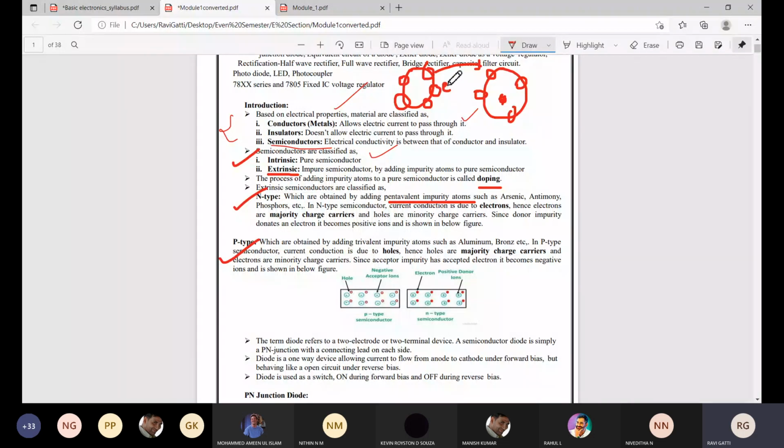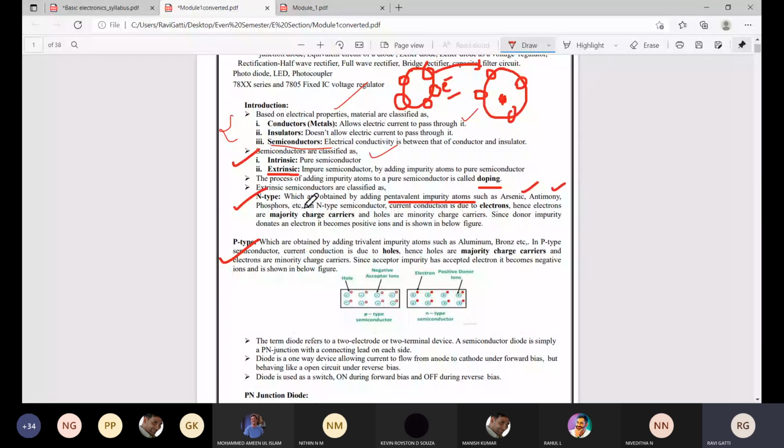This free electron is responsible for the movement of electricity. Such a type of material we call an n-type material. In n-type material, the majority charge carriers will be electrons. What are the pentavalent impurities, you can ask me. From the table, we have arsenic, antimony, and phosphorus.